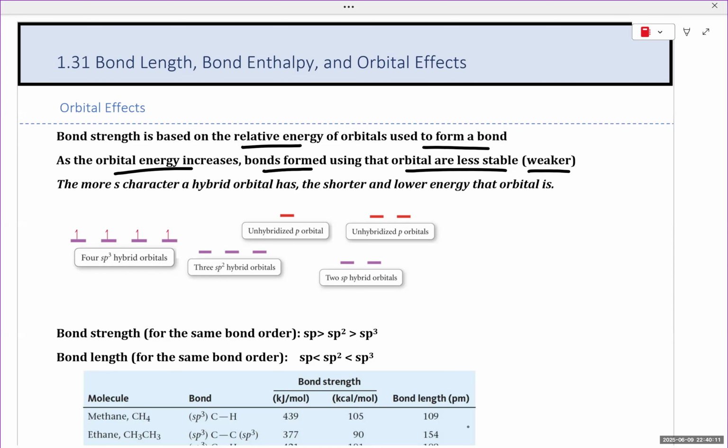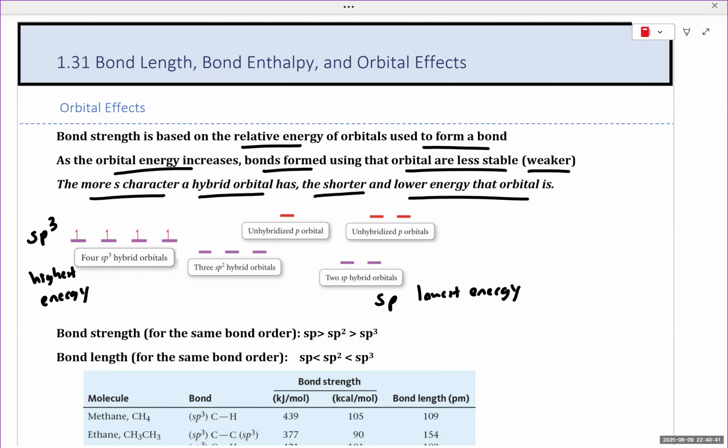As we discussed previously, the more s character a hybrid orbital has, the shorter and lower energy that orbital is. So if we compare an sp3 versus an sp2 versus an sp orbital, the sp orbital is the lowest energy hybrid orbital, while the sp3 orbital is the highest energy hybrid orbital.